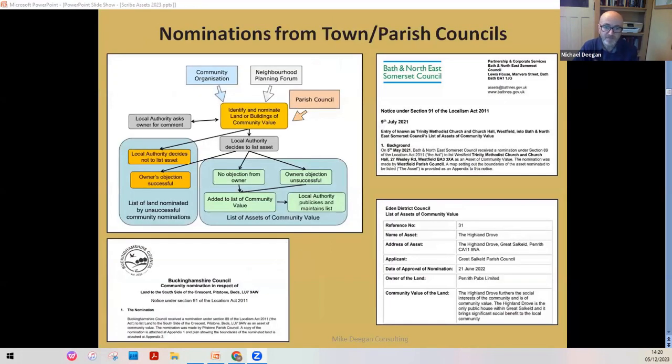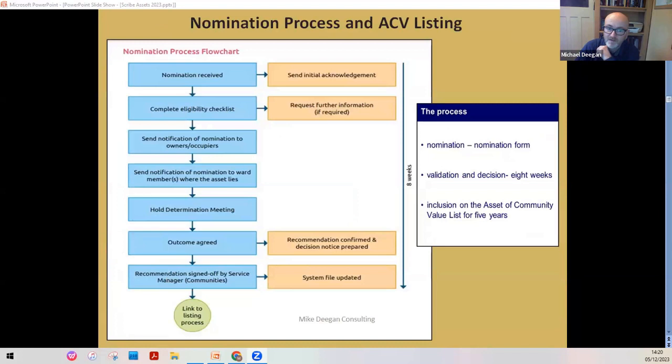And there's a graph here of the process and some of the examples of the hundreds, thousands of town and parish council nominations of assets. But the process basically takes you to a system where you're very quickly going to be decided on whether you're going to be up for nomination or not. So it's quite a simple process. And it's shown here in another way in a flow chart.